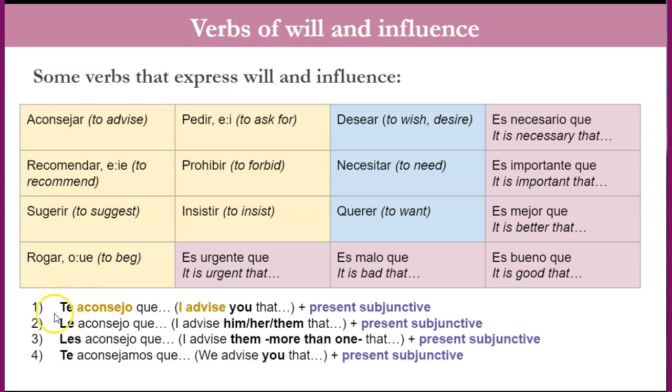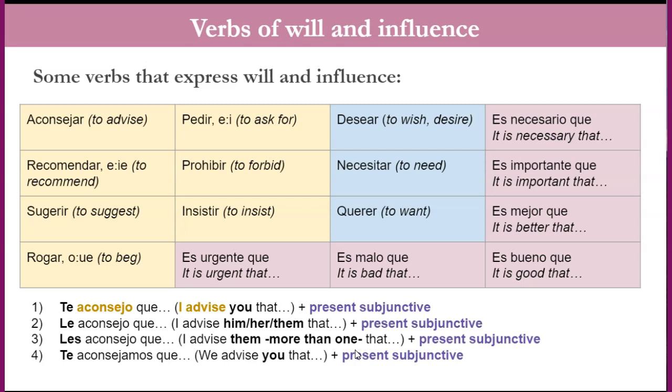So te is to you, le is him, her, them, les refers to them but as more than one, like you're making reference to more than one person. Les aconsejo a ellos o ellas. I advise them, more than one person. Les aconsejo que vayan a la playa.